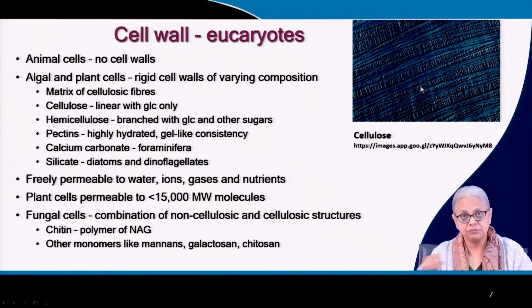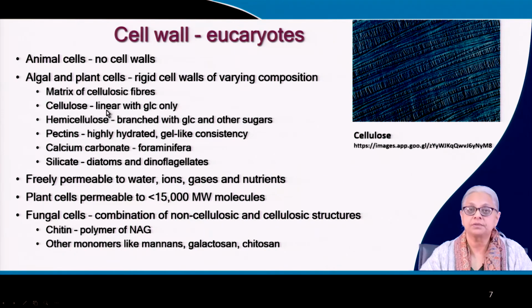These fibers sit on top of each other, and cellulose is very similar to what we have in cotton. So we have these alternating cellulose fibers seated on each other in alternate arrangement. It's a matrix of cellulosic fibers.